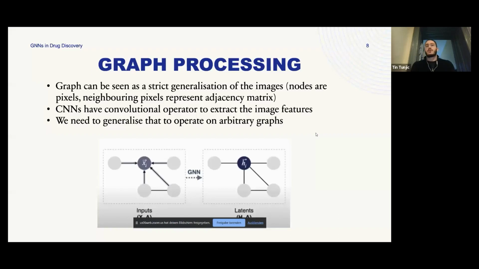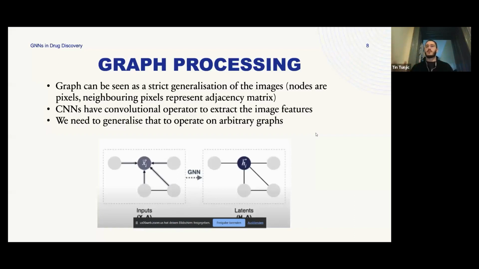How do you do that? Of course, you have to process the information between the nodes. For some of you who are not that familiar with the graph neural network space, it's not as straightforward, because it's not like a convolution where each grid cell near another grid cell is a neighbor.